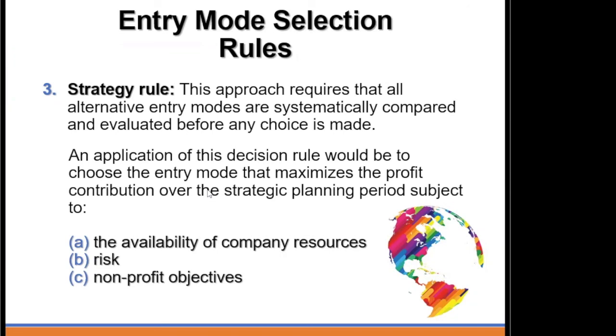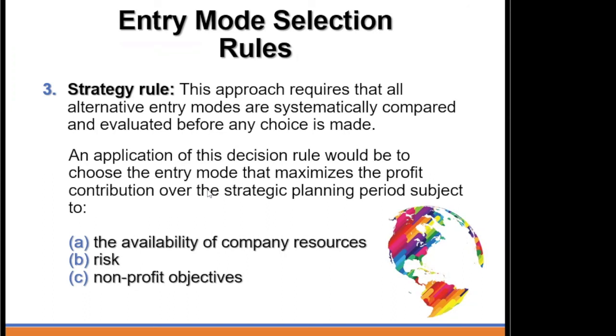So all these things are going to come together to help them to decide the mode that will best maximize the profit contribution to their bottom line. At the same time, taking cognizance of their resources, their core competencies, the risk involved, environmental factors, as well as other objectives that they have beside profit.